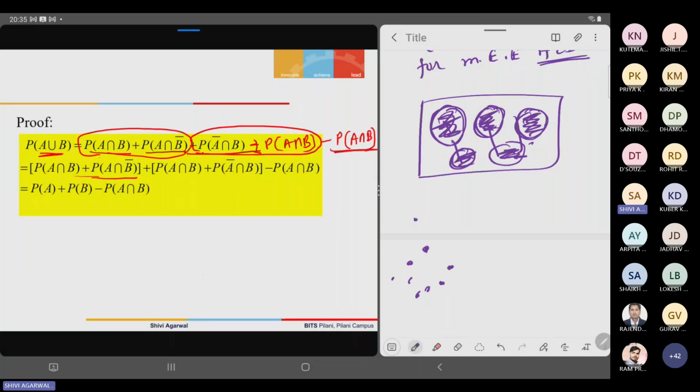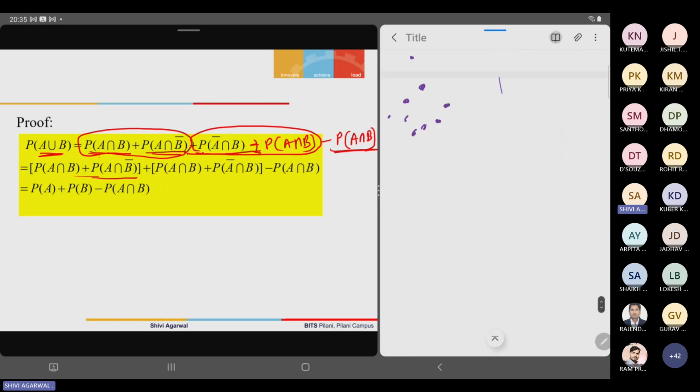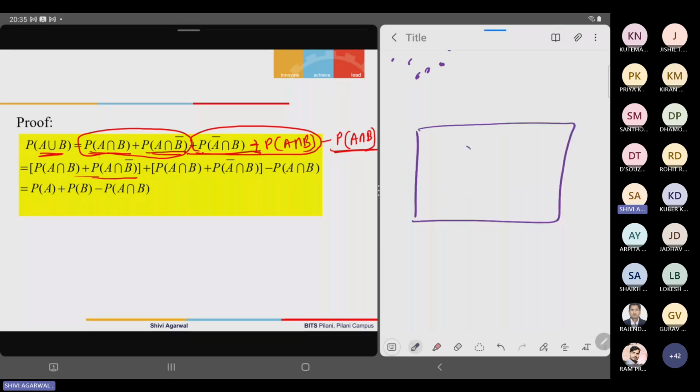Now A intersection B and A intersection B complement, if we look at this one, this is A, this is B. So A intersection B complement is this one and A intersection B is this one. So it is what? Probability of A, the complete set A.